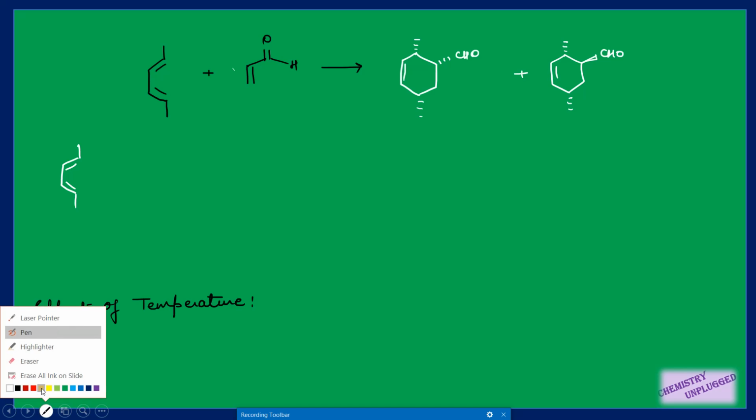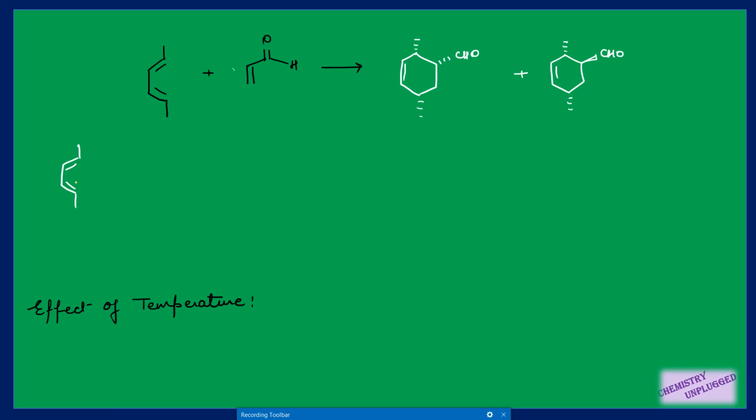I will denote it with a different color so it will be easier. We will write down this dienophile in such a way that it will form the final product, and this CHO group will go under this diene. We have to rotate it in such a way that it goes under this diene.